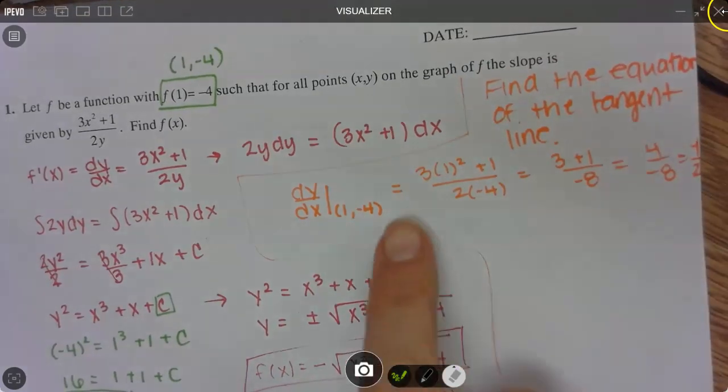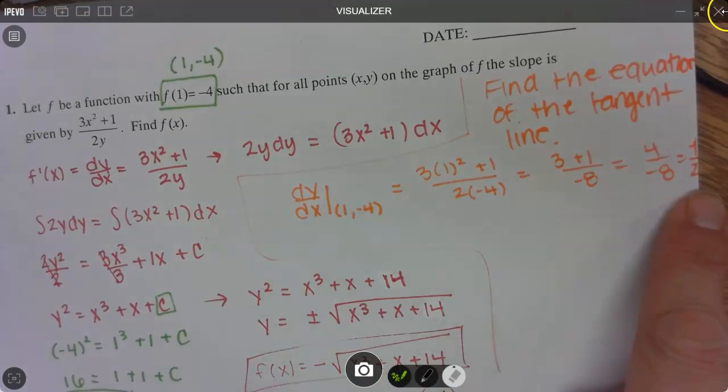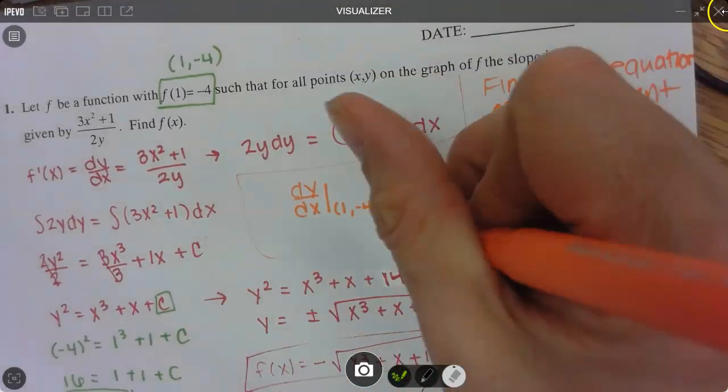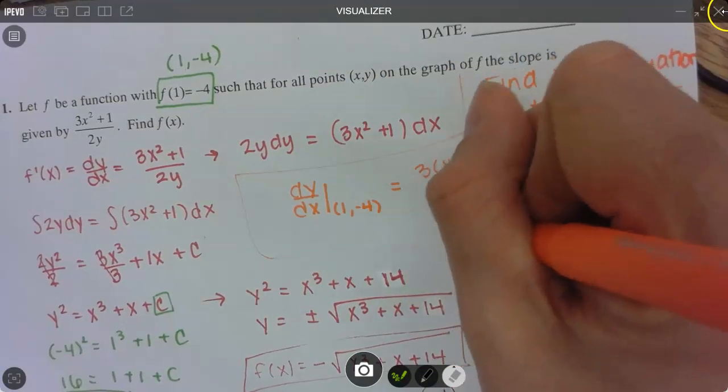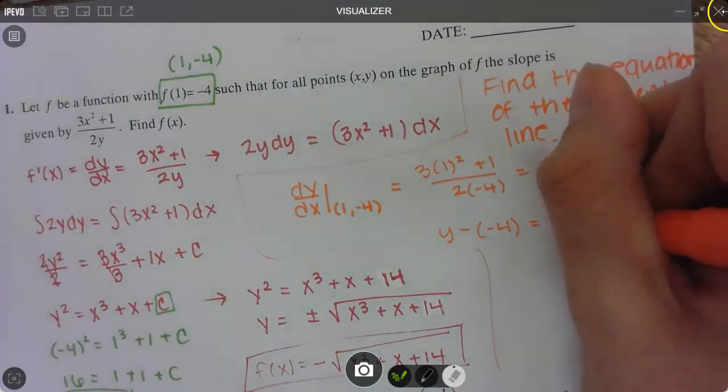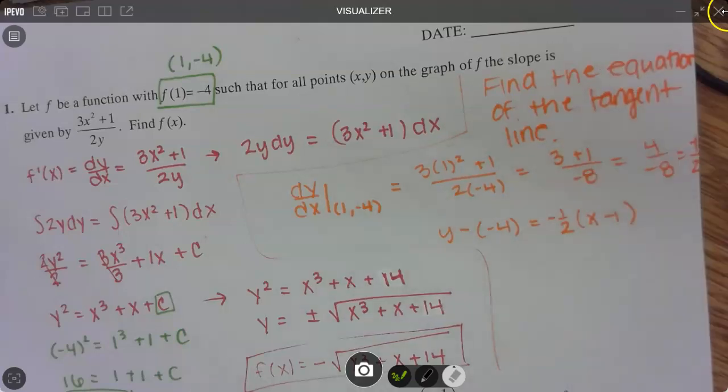So I would get that my slope is -1/2. The equation of the tangent line is going to be y minus that -4 equal to -1/2 times (x minus 1).